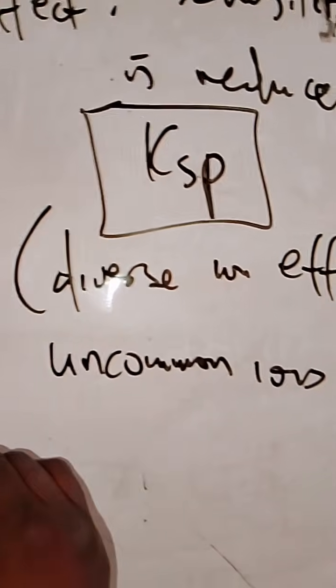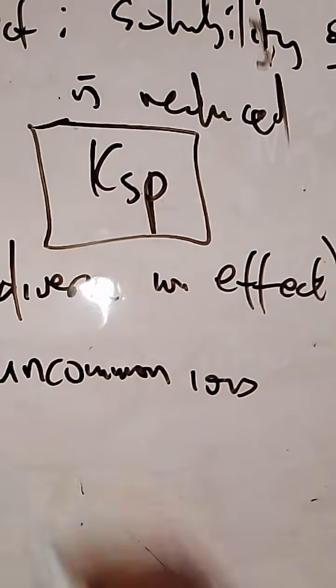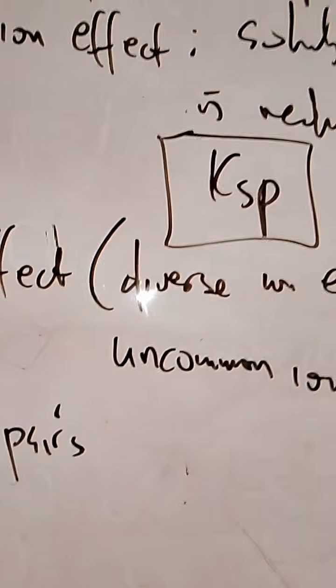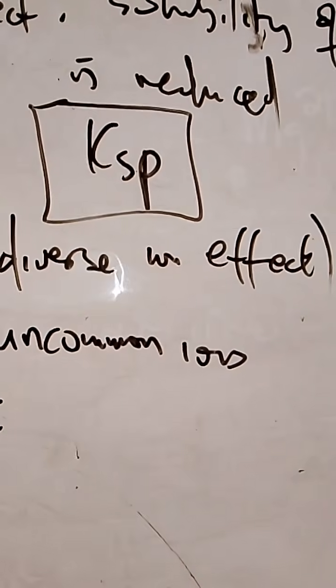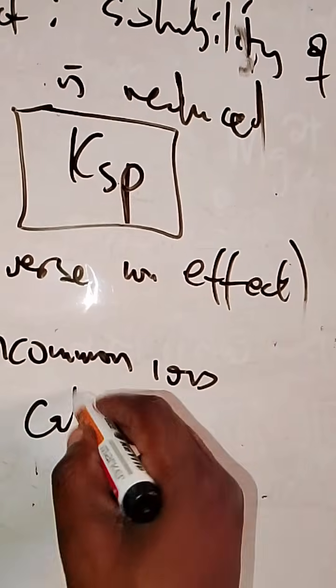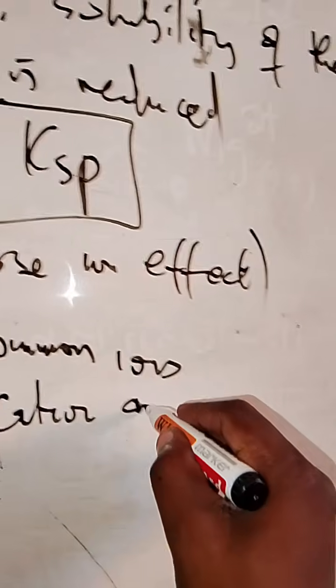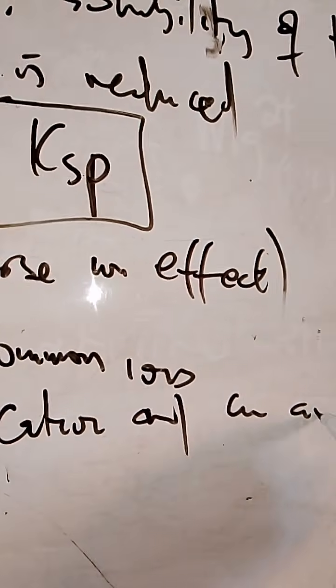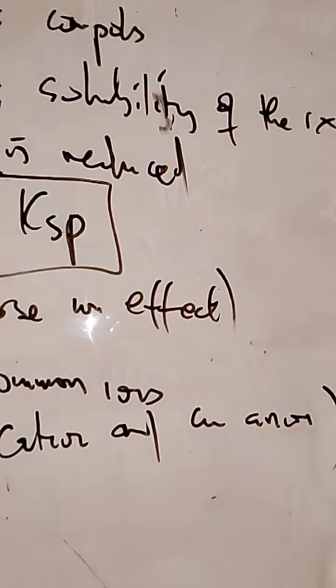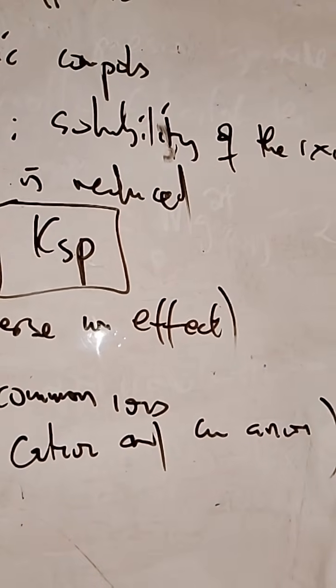We also have ion pairs, with an ionic pair, a cation and an anion.